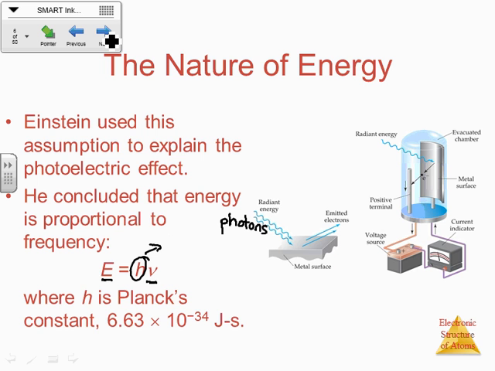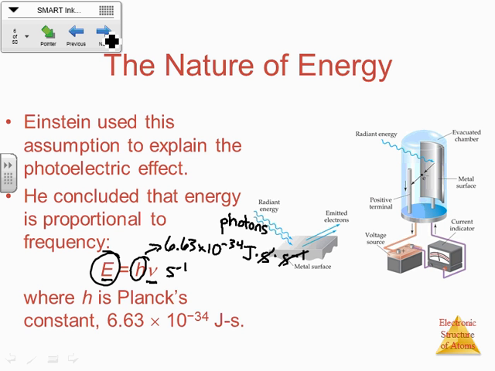So Planck's constant is 6.63 times 10 to the negative 34th joules times seconds, according to your equation sheet. And if you remember, frequency is seconds to the negative 1, so the seconds just cancel and we're left with joules, and that gives us our energy.